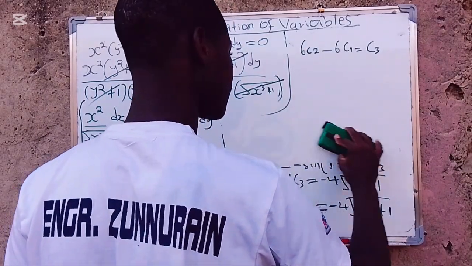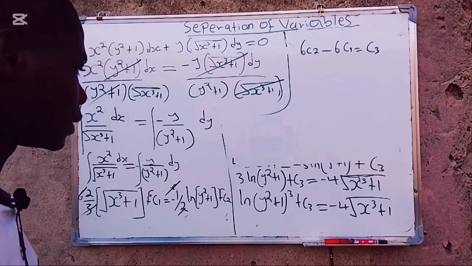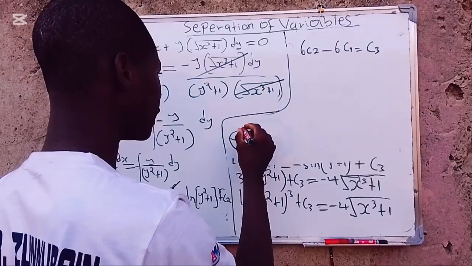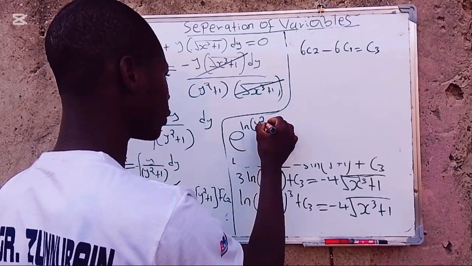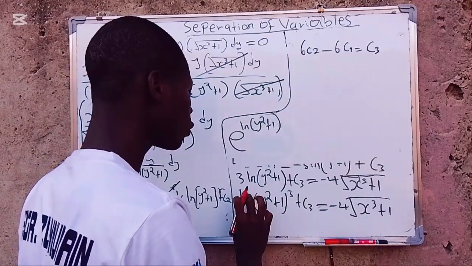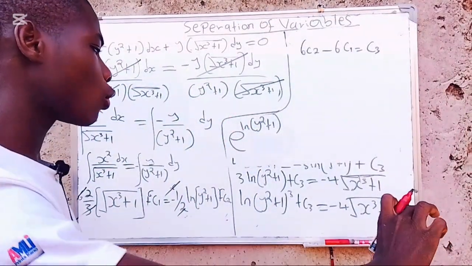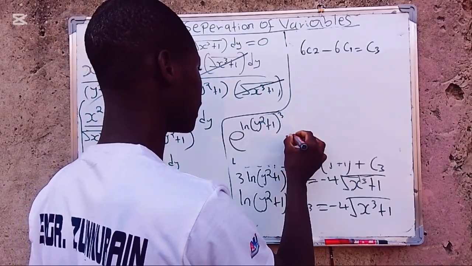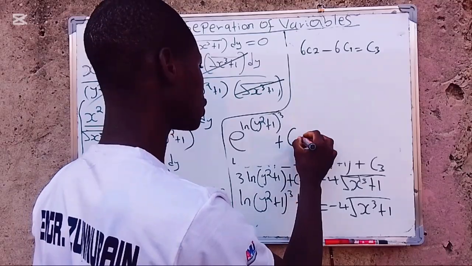The next thing is that I have to take e raised to the power of y squared plus y. I will take the exponential function of both sides. I have the power of 3 multiplied by, okay, I have plus c3.